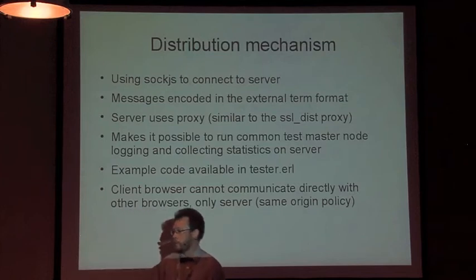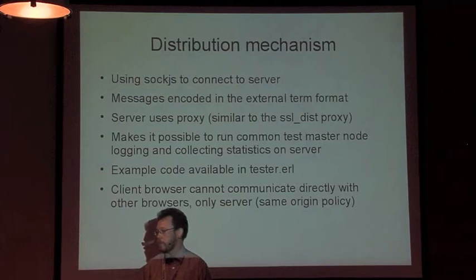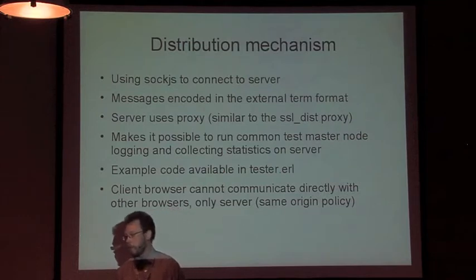So, the distribution mechanism: it's using sock.js to connect to a server. The browser client connects to the server using sock.js. And this is again code that I sourced in, both on the JavaScript side and on the Erlang side. It was readily available.